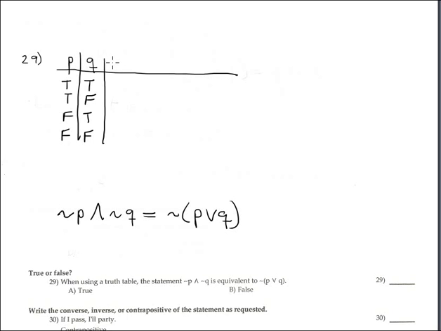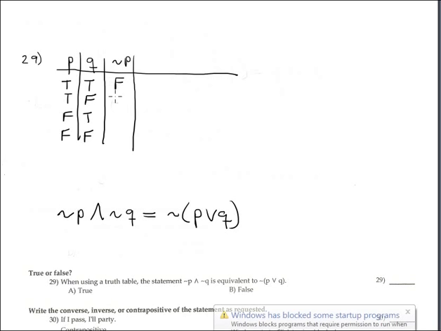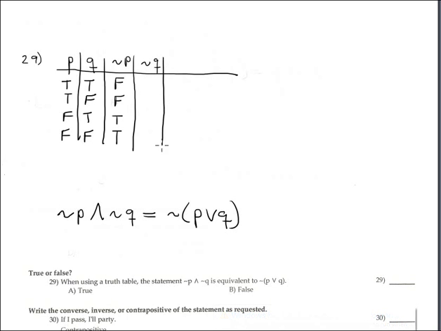We have negation P, completely opposite truth value: false, false, true, and true. Negation Q is false, true, false, and true.